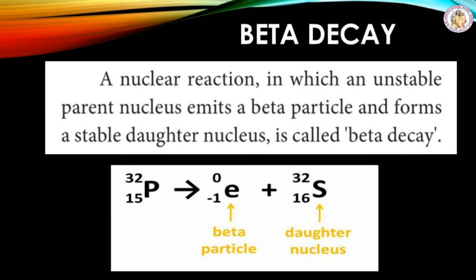Phosphorus atomic number is 15, but sulfur atomic number is 16. So when phosphorus emits a beta particle, it forms a stable daughter nucleus, sulfur.